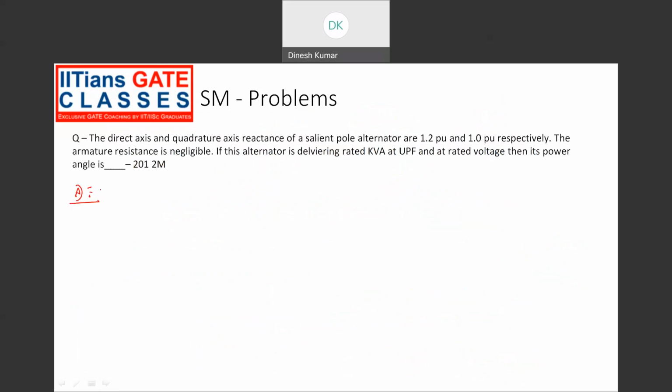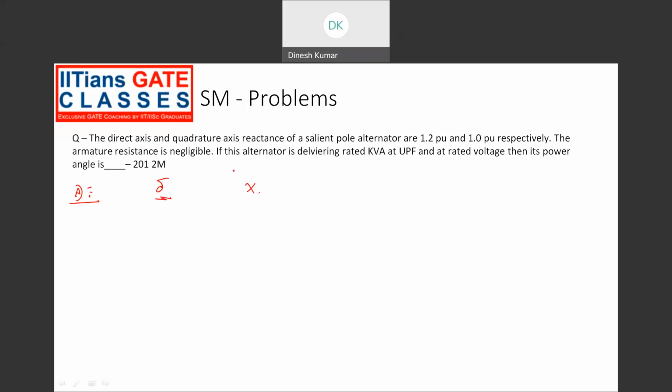The direct axis and quadrature axis reactance of a salient pole alternator are 1.2 per unit and 1 per unit respectively. The armature resistance is negligible. If this alternator is delivering rated kVA at UPF and at rated voltage, then its power angle is. So they're asking us to find out delta.